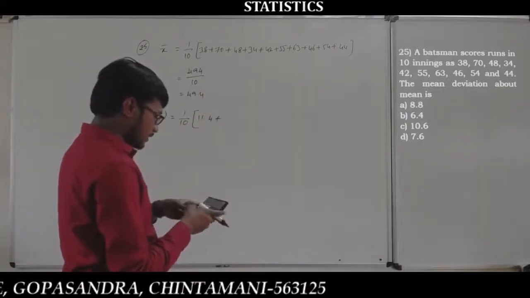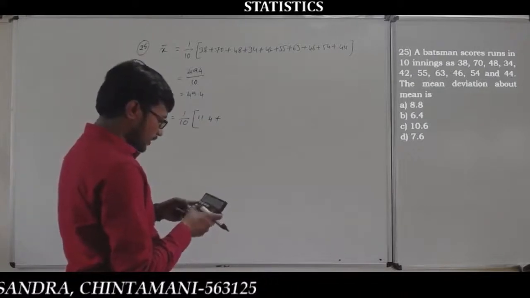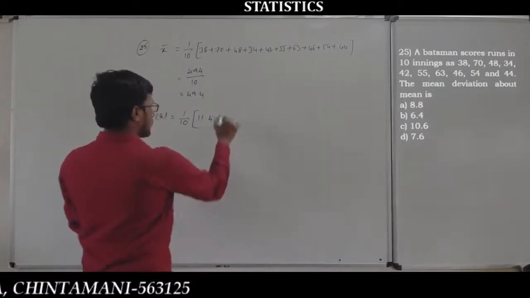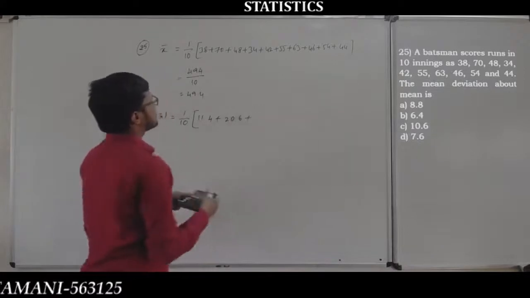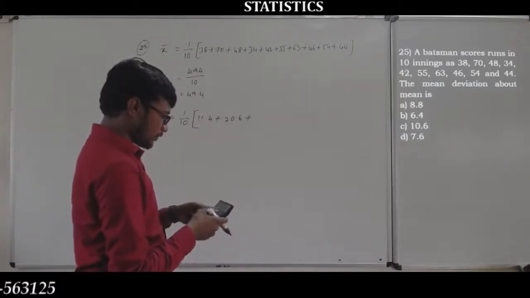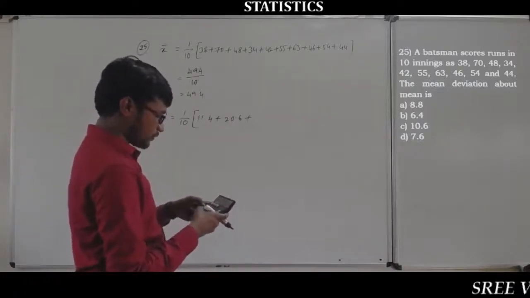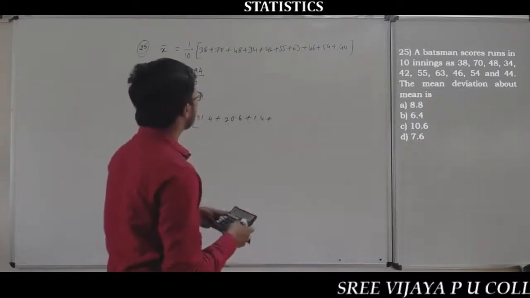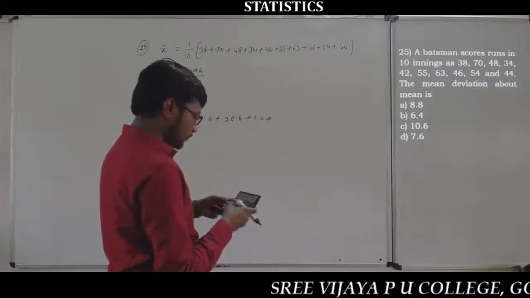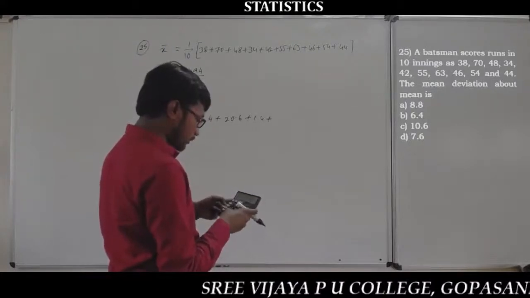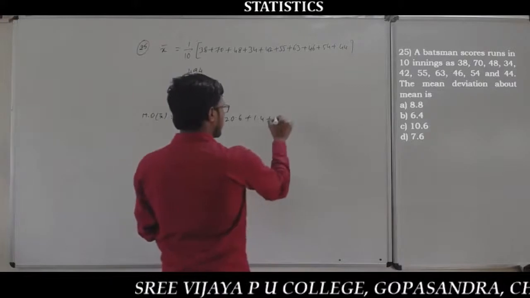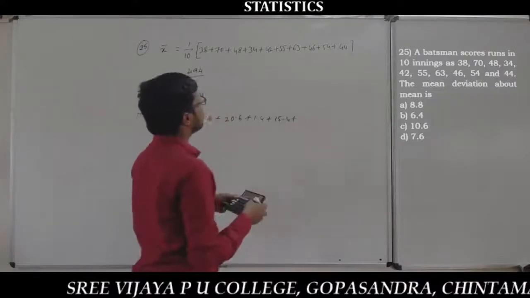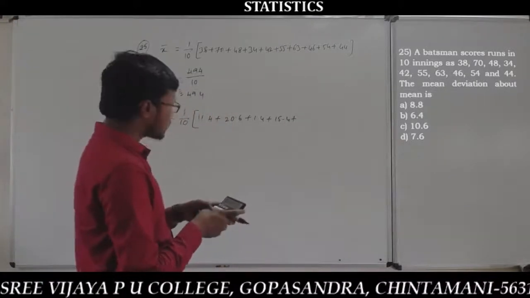So 70 minus 49.4, you will get 20.6. 48 minus 49.4, you get negative 1.4, but take 1.4. 34 minus 49.4, negative, but you can write it as a positive 15.4.